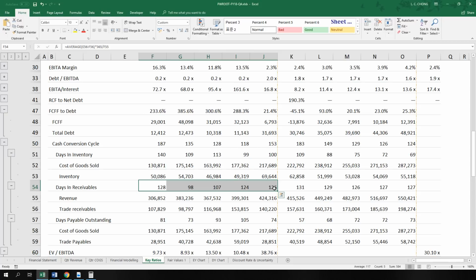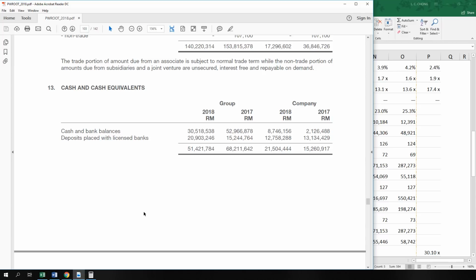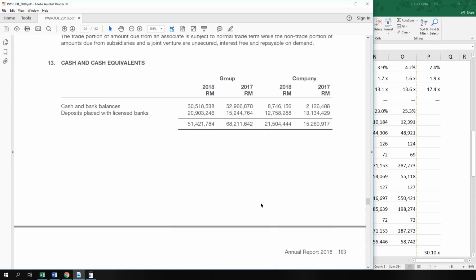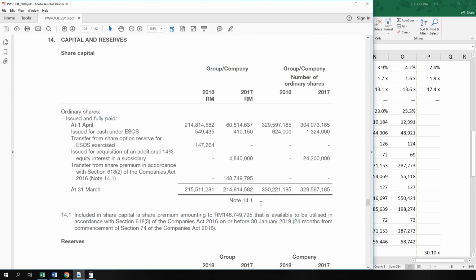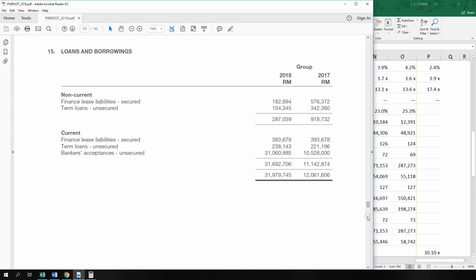We have to check risk of account receivable later. Cash and cash equivalents. Okay. Capital and reserves, we skip. Capital reserves. Okay, loans and borrowings.